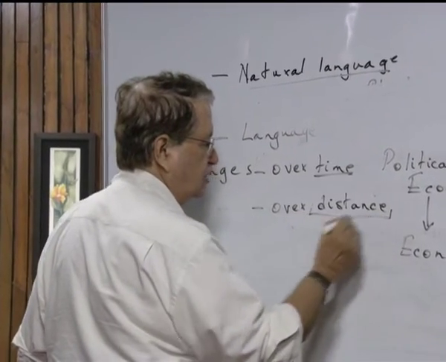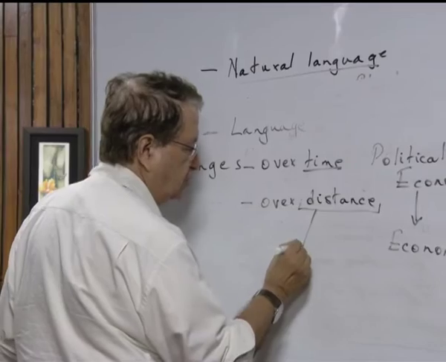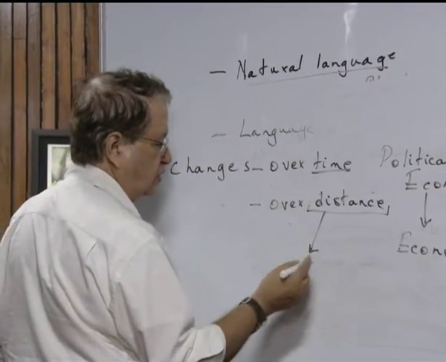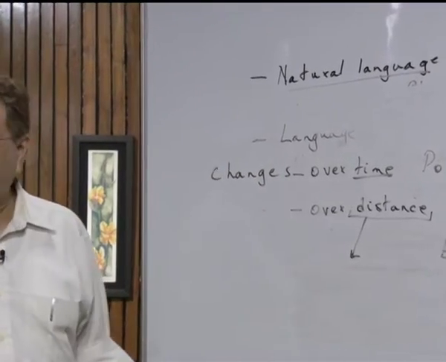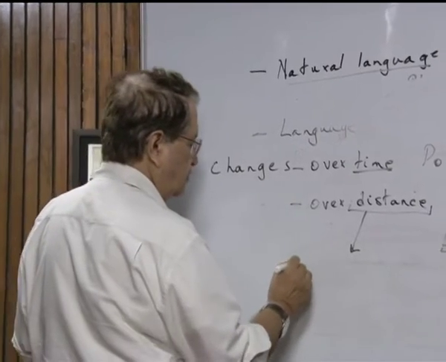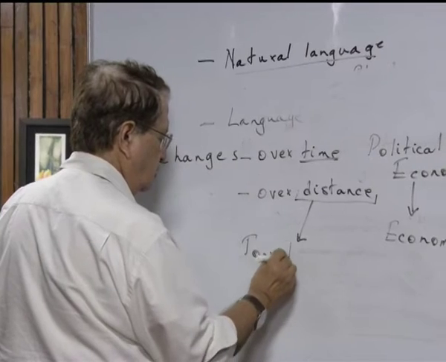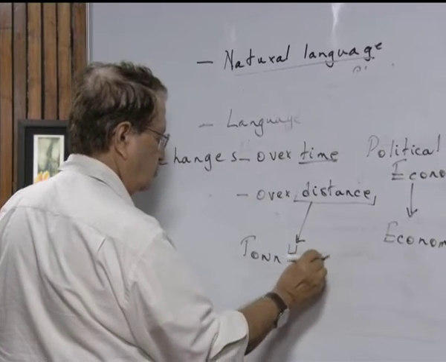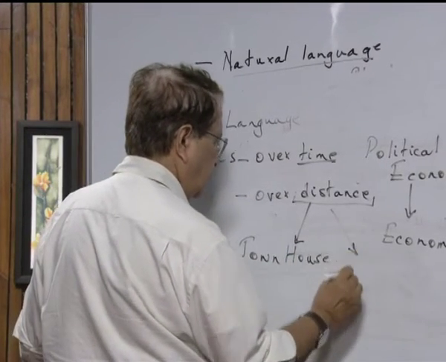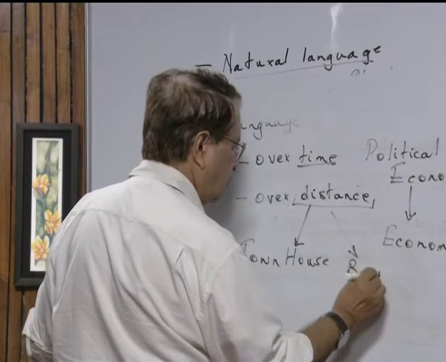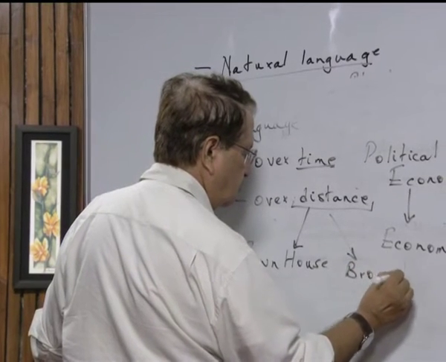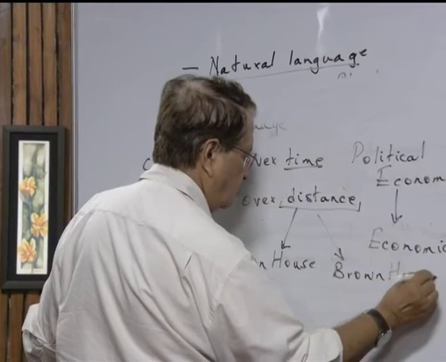Similarly, things change over distance, meaning the meaning of a term changes over distance. For example, on one side of the Atlantic Ocean, the term used is townhouse. At another place, the same kind of building is known as brown houses. Why?